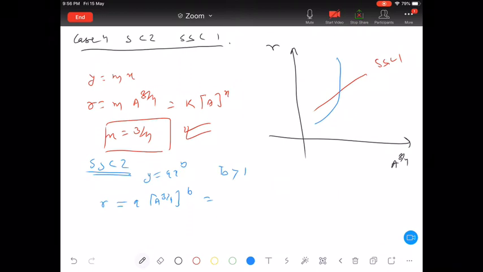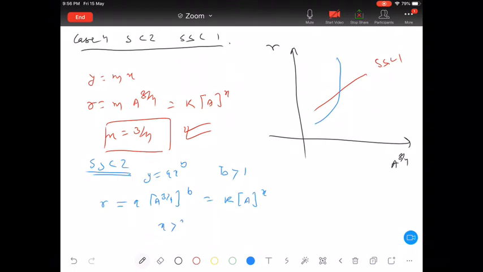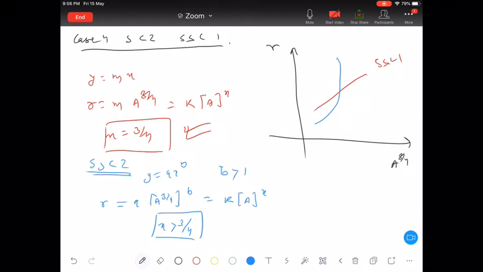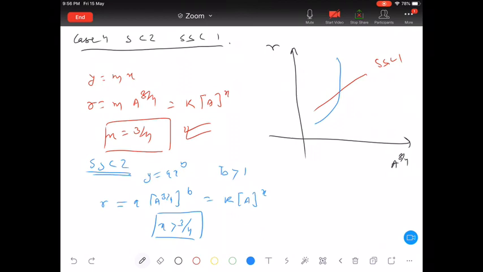If I compare it with k A to the power x, that gives me the idea that x will be greater than 3 by 4 because b is greater than 1. Is that clear? So in that case again I will say order will be greater than 3 by 4, but already case 4 says that order is less than 1, so order will be lying in between 0.75 and 1.